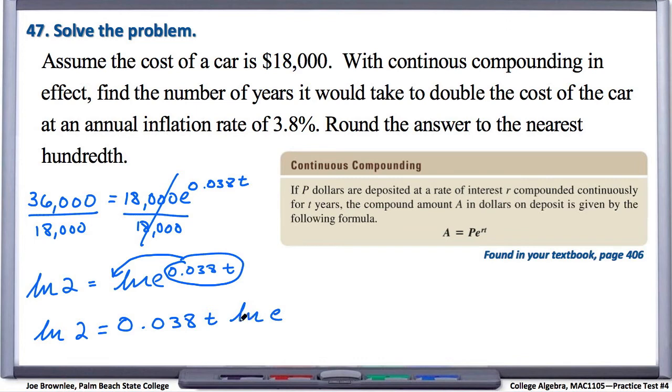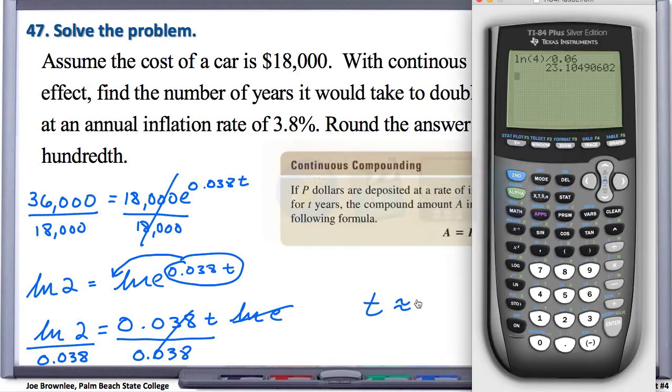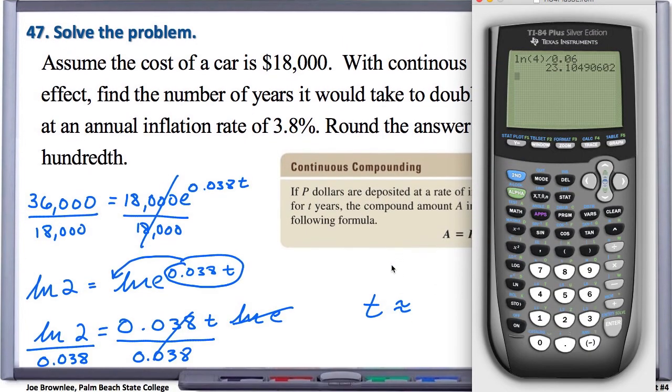But like before, we know that ln of e is 1, so we can go ahead and get rid of it there. We want to solve for t, get t all by itself, so we're going to divide by 0.038 on both sides. Here on the right, it cancels, and so we're left with t is approximately, let's find out.